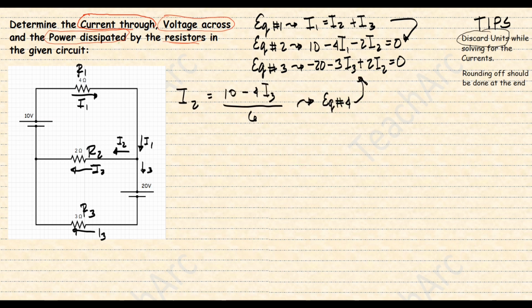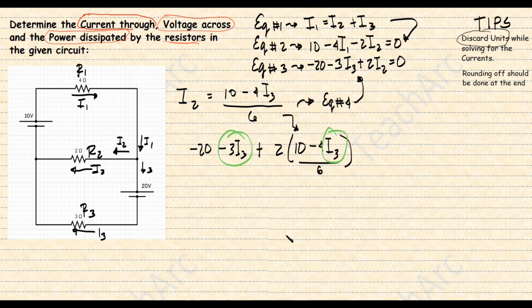Now let's combine equation number 4 with equation number 3. Let's write equation number 3 here, but instead of writing I2, we will insert the value of I2 in terms of I3 from equation number 4. And there you go, we were able to eliminate I2 and then I1, so we can solve for I3.